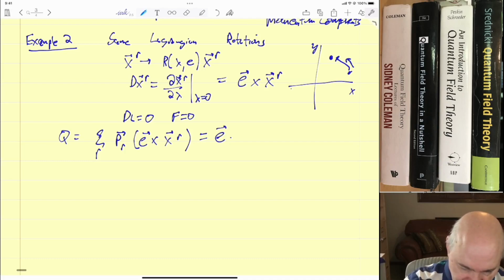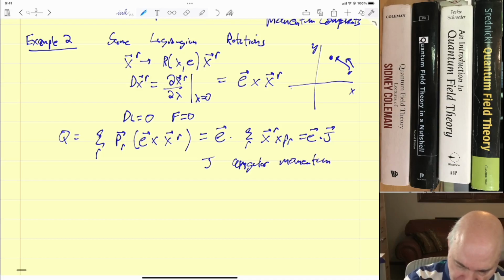It's just going to be e dot the sum over r of x_r cross p_r, or this is going to be e dot J. So J is angular momentum, and each of the 3 components are conserved.